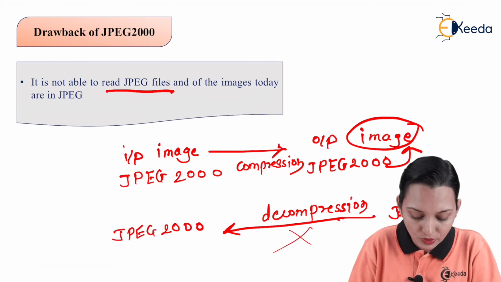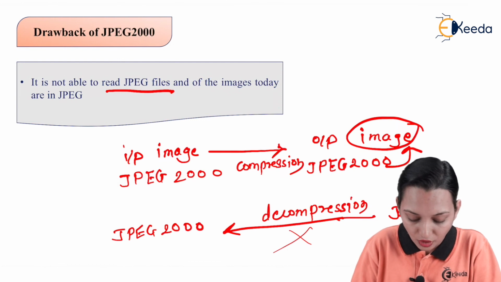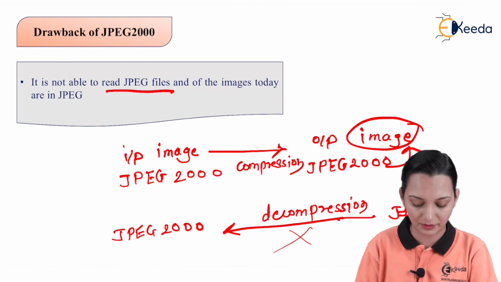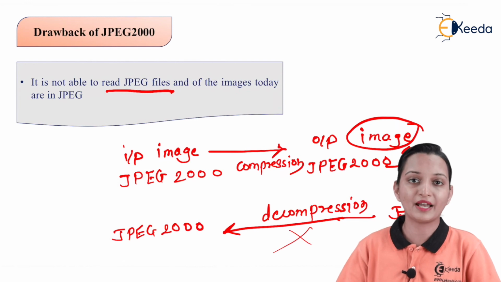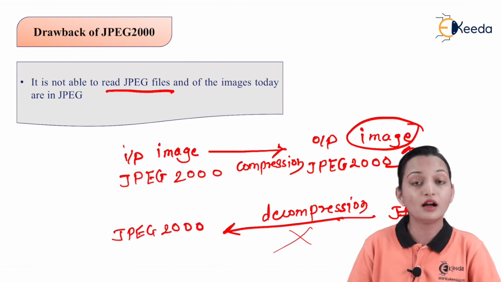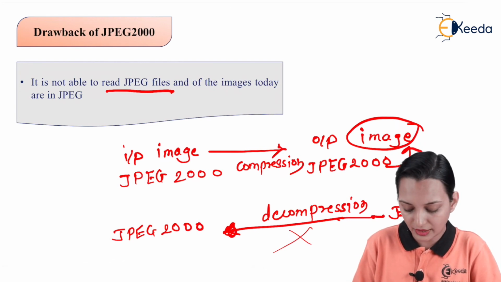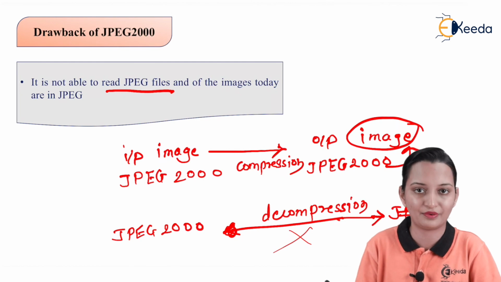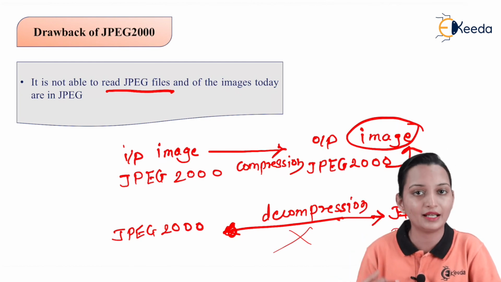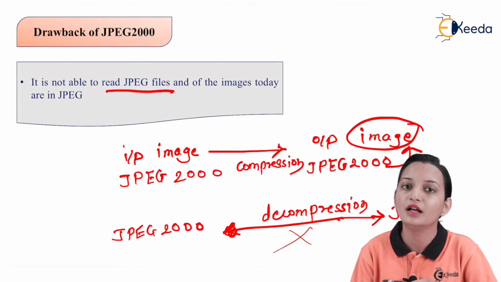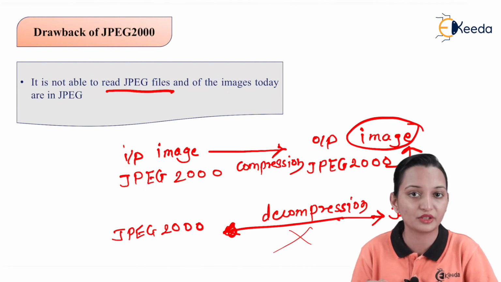It is not able to read the JPEG file, and all of the images today are in JPEG. What is the main drawback of JPEG 2000? It is not able to read the JPEG file. After the decompression, it is not even able to provide you the JPEG file. Getting back the JPEG file is not possible in JPEG 2000.